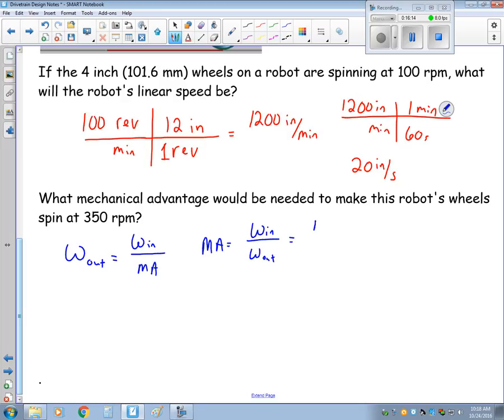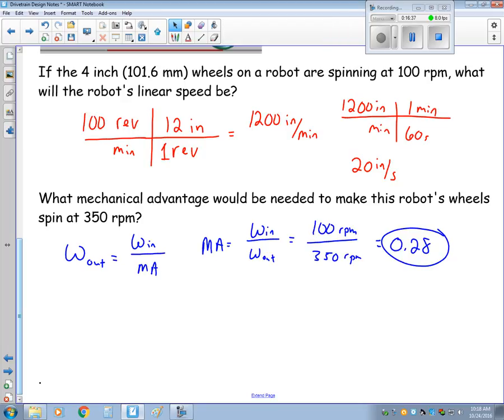So our input speed is 100 RPMs. We want our output speed to be 350 RPMs. So when we divide that up, we need to have a mechanical advantage of right around 0.28. All right, that's going to conclude our drivetrain design unit notes.